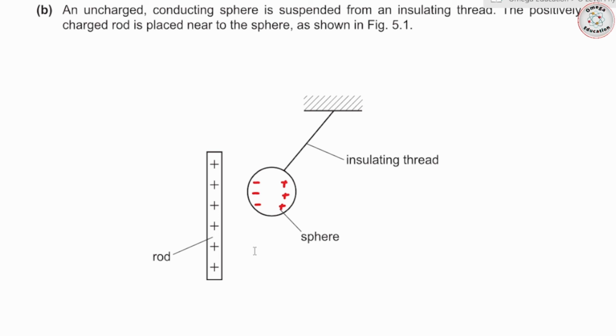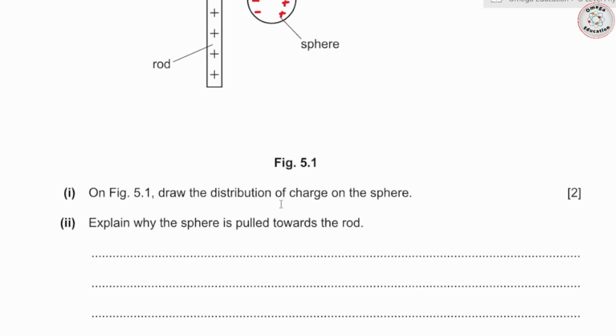So negative charge on the left side, positive charge on the right side, but it should be an equal number of positive and negative, and you have to show at least 6 charges in total.